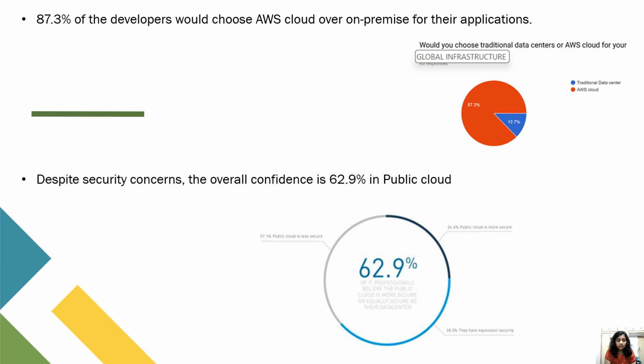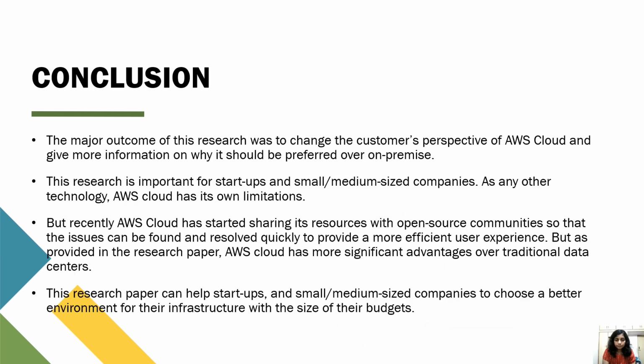Then 87% of developers would choose Amazon Web Services cloud over on-premise for their applications. So this shows that AWS is better than on-premise for development purposes. And despite security concerns, the overall confidence is 62.9% in public cloud.